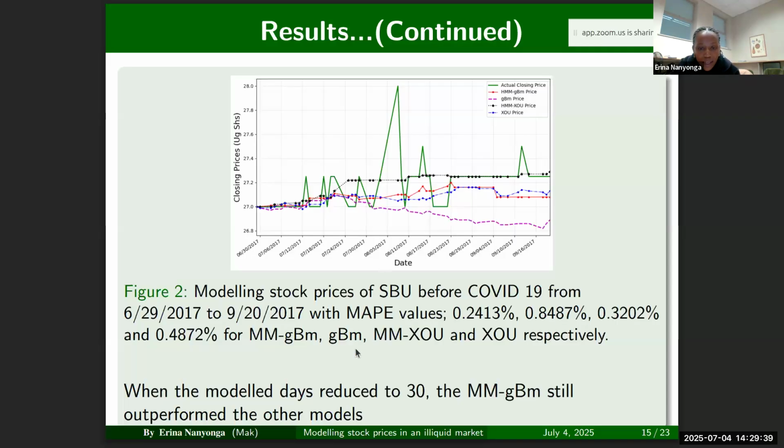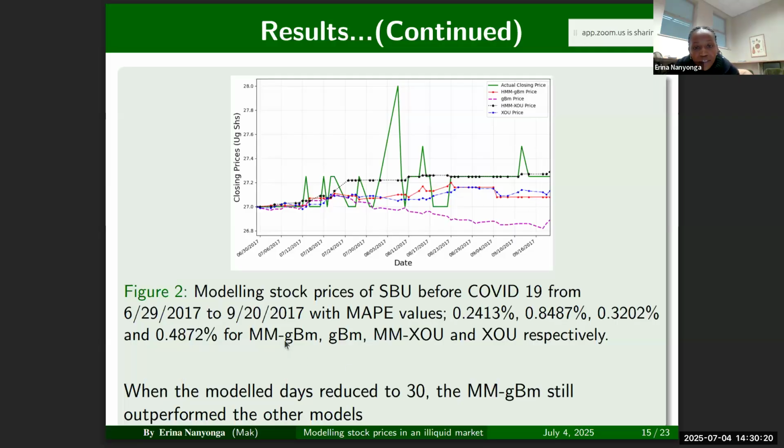So the Markov models combined with GBM and XOU were better than the other models that are not combined with the Markov model, since they allow an action to be repeated from the properties of the chain that we used. For the GBM and the XOU, the prices are modeled to be moving up and down always, and there are no cases when they can be constant.